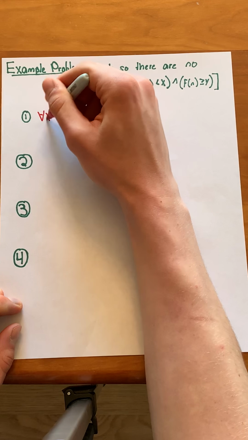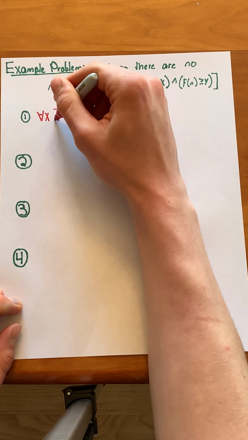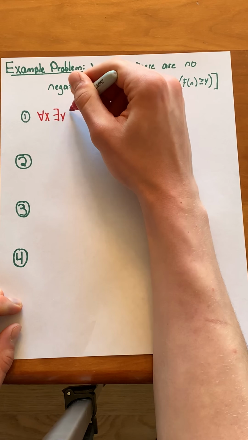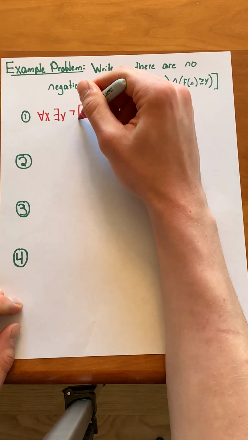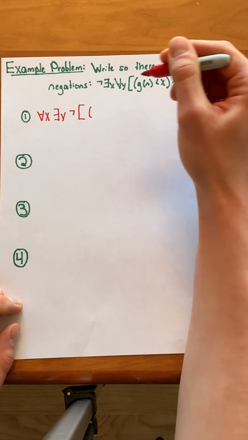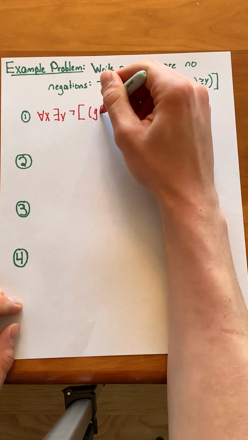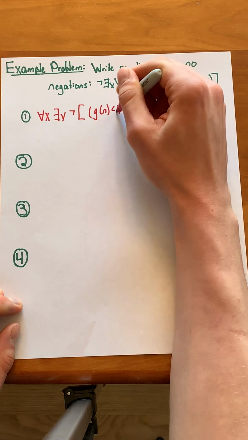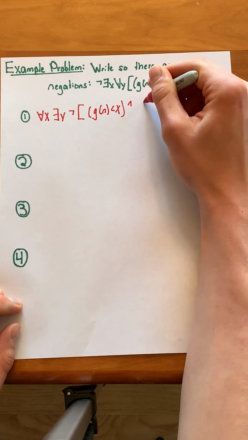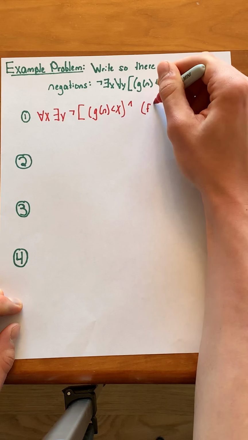For every x, there is some y such that it is not the case that g of n is less than x and f of n is greater than or equal to y.